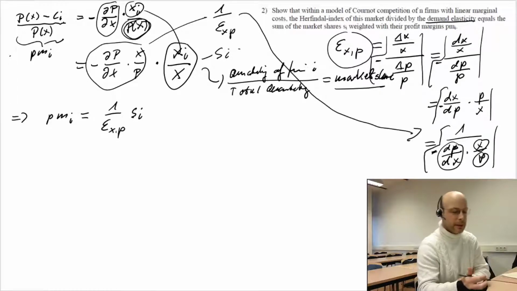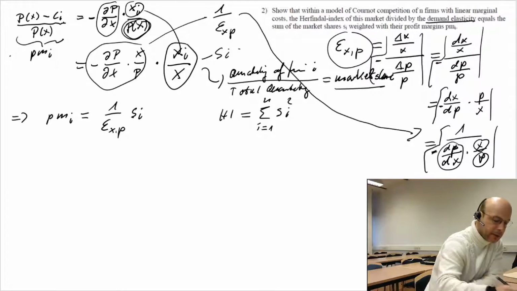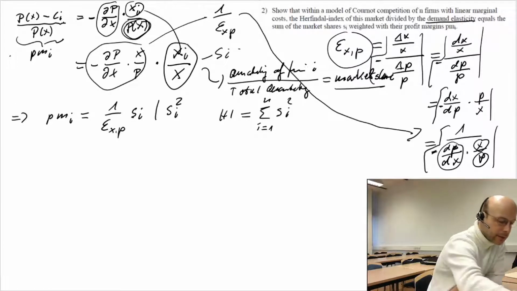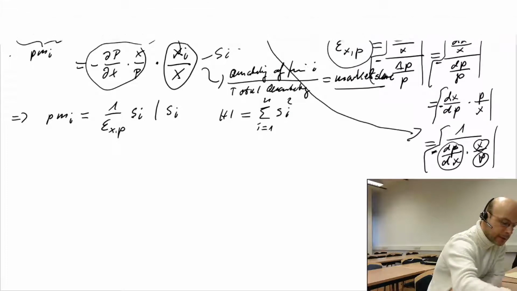And then we want to have the Herfindahl index. And the Herfindahl index again was defined as the sum over the market shares squared. So we multiply this, not squared, but only Si.